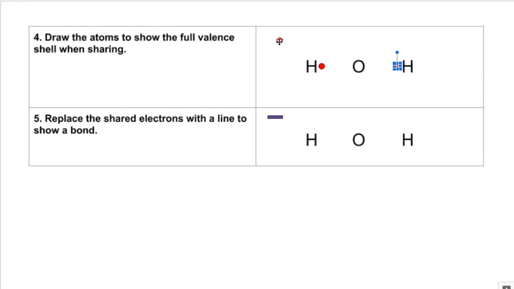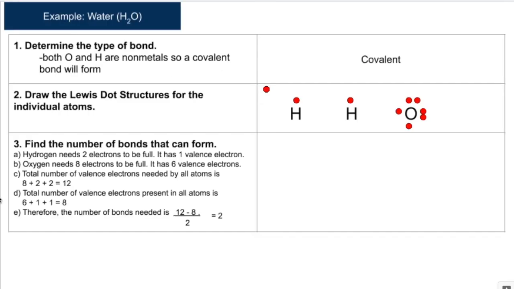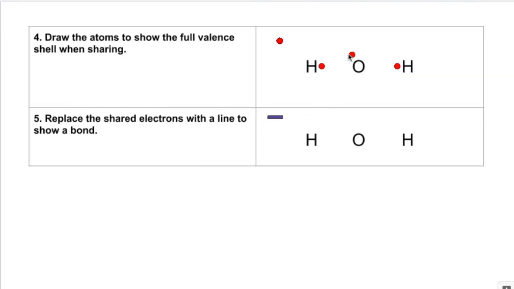For oxygen, it has 6. If you remember, if we go back, they have 2 unpaired. So I'm going to do 1 unpaired towards this hydrogen, and then 1 unpaired towards this hydrogen, and then my paired ones are going to be kind of by themselves on the outside of the oxygen.